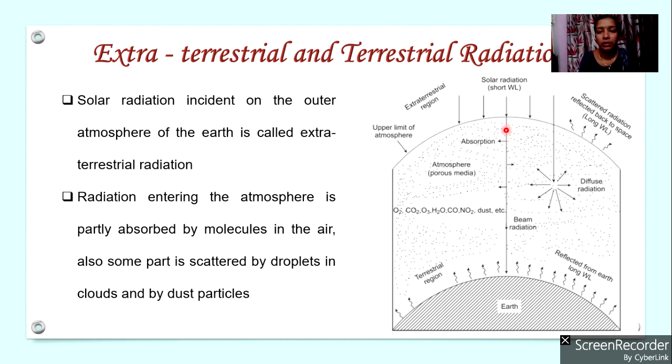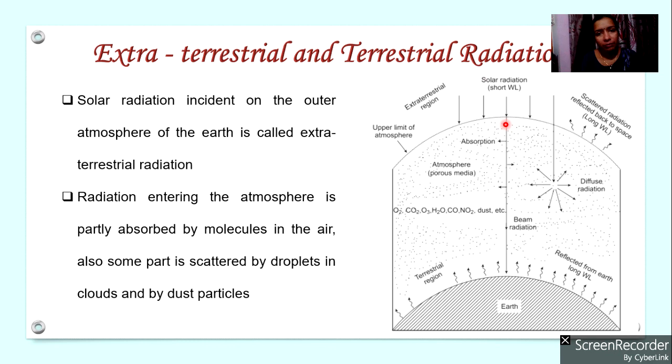After entering, a part of the radiation will directly reach the Earth without being scattered or absorbed by molecules or dust particles. There will be moisture, pieces of clouds or dust particles in the atmosphere, and when radiation is passing through the atmosphere, a part of the radiation will be absorbed or scattered by these components.